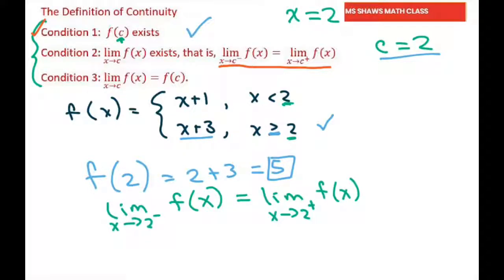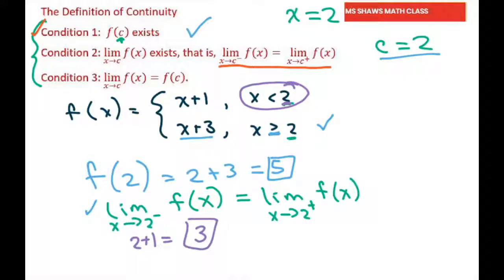All numbers to the left are less than 2, so it's this one. Plug in 2 into this, and you get 2 plus 1 equals 3. So that's your limit there.